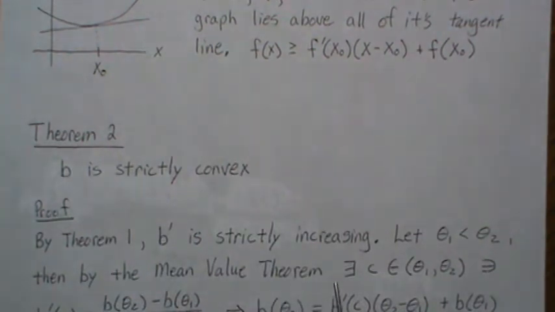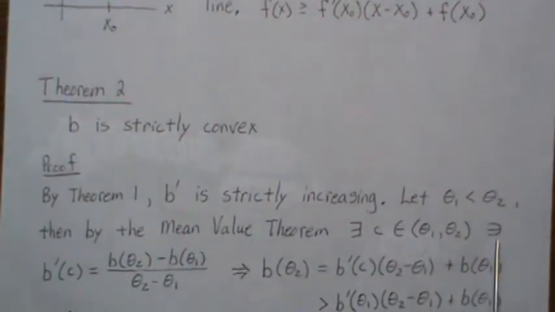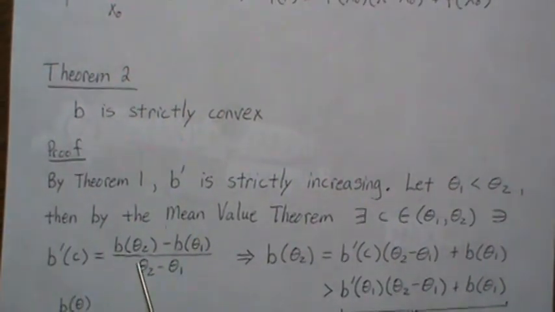Then by the mean value theorem, there exists a C contained in this interval such that B prime of C is equal to this. So B of theta 2 minus B of theta 1 divided by theta 2 minus theta 1. By the mean value theorem, this relationship holds.